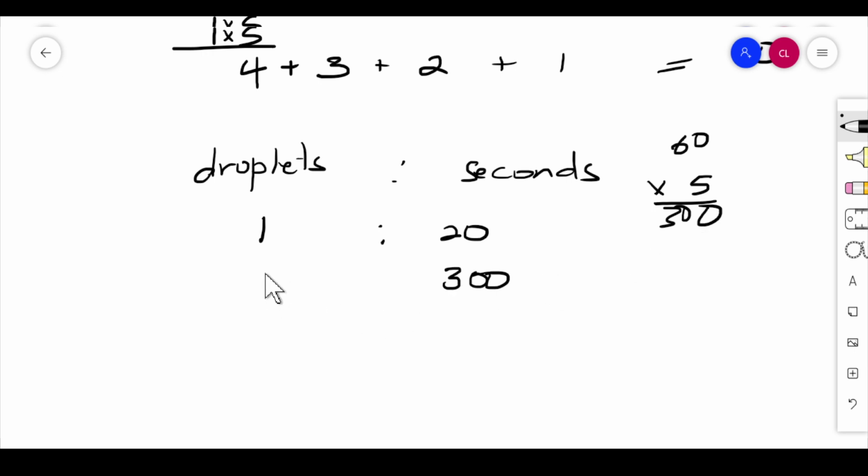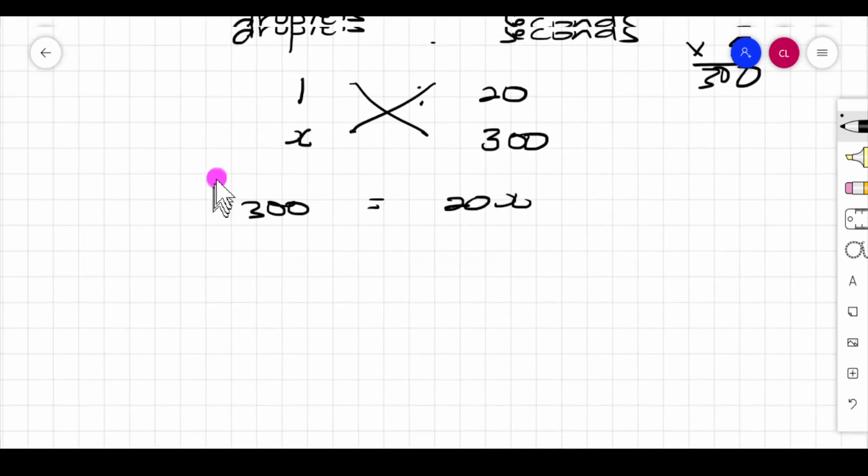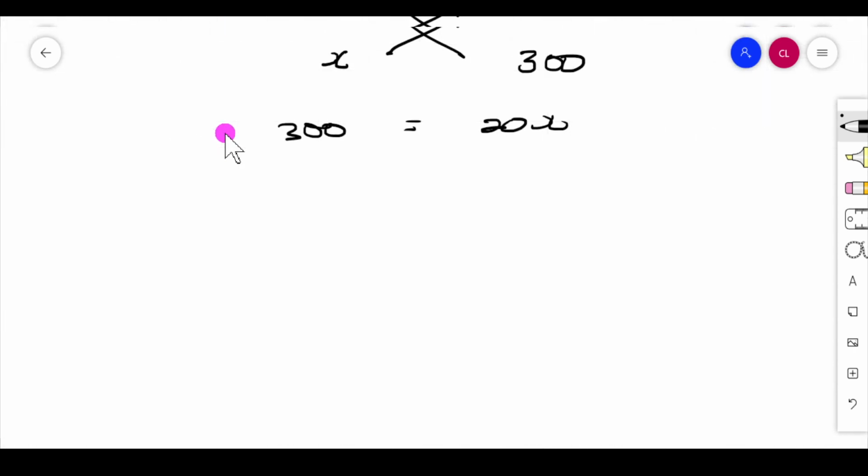Now we have some unknown droplet that we're trying to find, and for this we could simply cross multiply. So the numerator names the side: 1 times 300 gives 300 on this side, and 20 times x gives 20x.